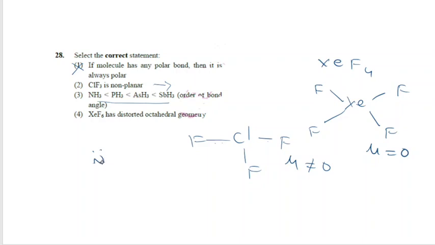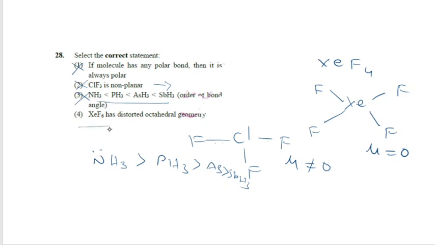The smaller the central atom, the larger the bond angle, and hence NH3 bond angle is more when compared with PH3, AsH3 and SbH3. So here the bond angle decreases down the group, but they have given increasing order, which is again the wrong option. So all the first three are wrong.